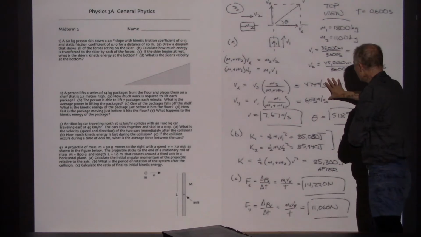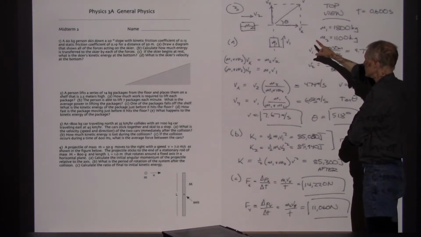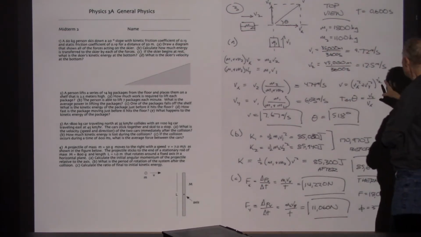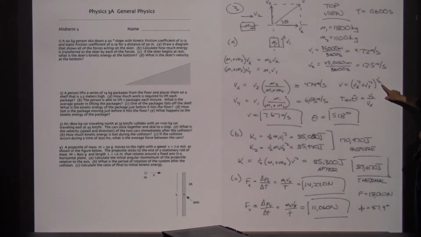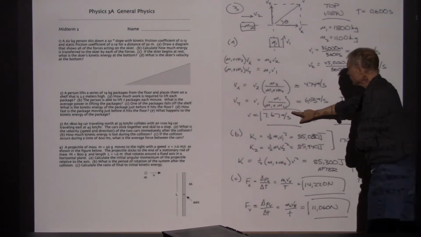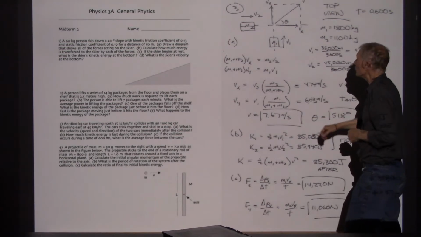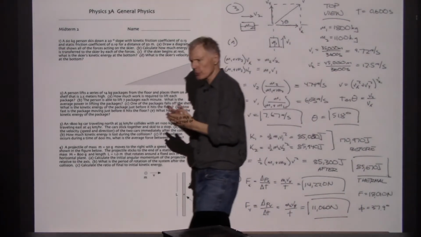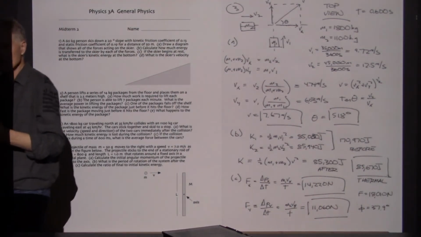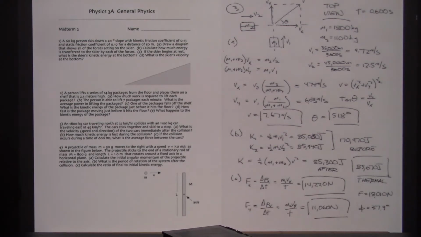All right, these are the components of the velocity, and if we use the Pythagorean theorem, we can calculate the speed immediately after the collision. Remember, right when the collision happens, both cars slam on their brakes and they skid to a stop, and that's where we're going to leave it.